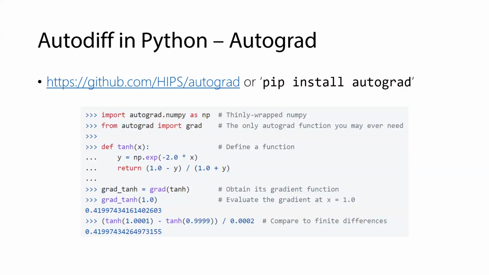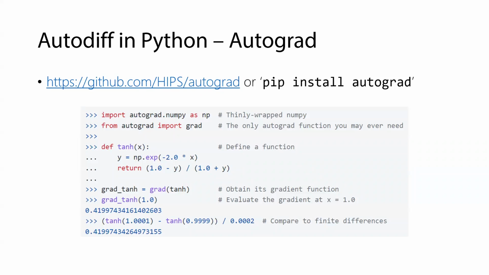I think it is almost now accepted as a synonym. So autograd, autodiff, but I try to be more precise about what I refer to. So autograd is a numerical library that implements autodiff, automatic differentiation.